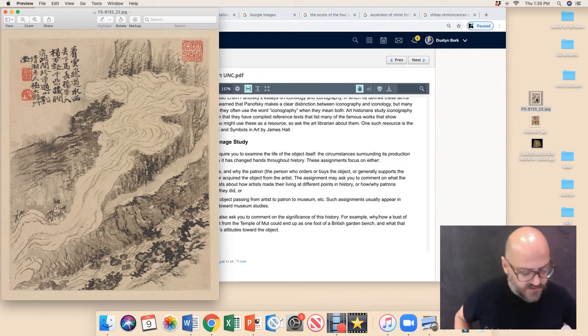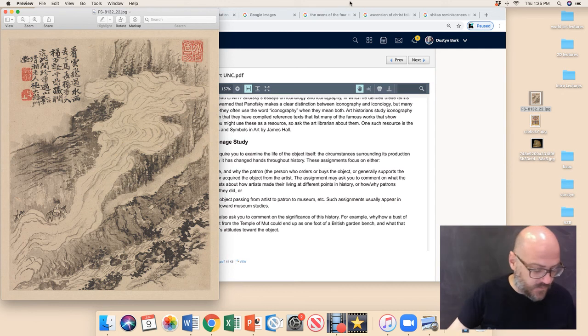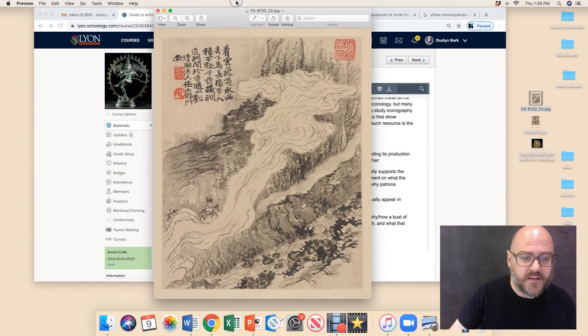It is by the artist Chitao, and it is the Reminiscences of Nanking. This is when the artist was a bit of a recluse, living by himself, very remotely. So if we're to write a visual analysis, what I want you to do is pick an image from the book that was from one of the chapters that we've covered so far.